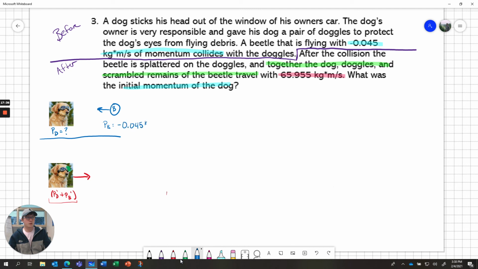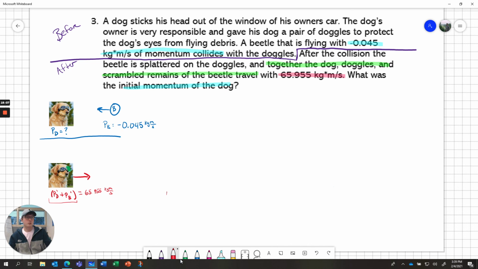And after the collision, we know that altogether, the dog plus doggles plus beetle travel to the right because it's positive. And together, that momentum is 65.955 kgm over s. All right, cool. So that's all I can get out of the problem.